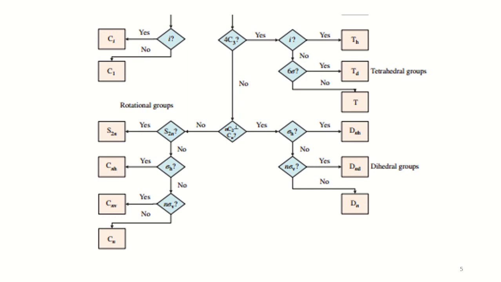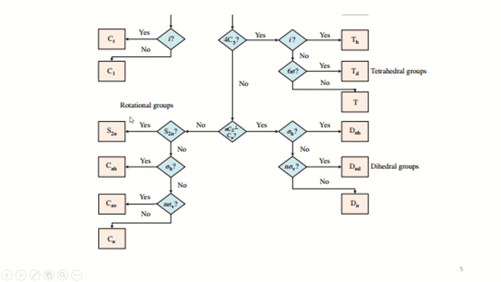Lastly, if a molecule has a proper rotation and a collinear improper rotational axis, it will belong to the class S2N point groups. How will this happen?